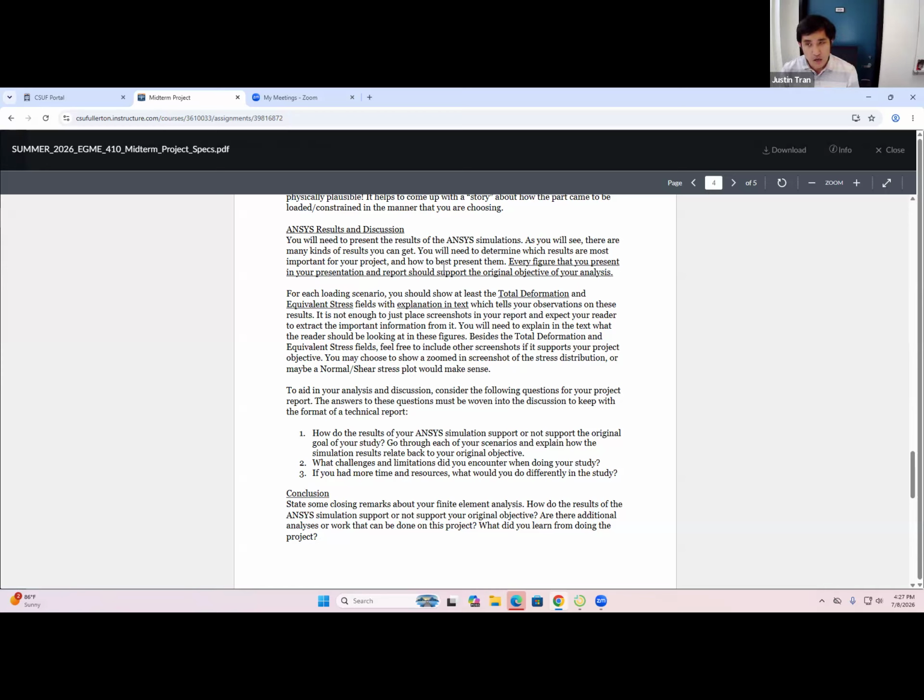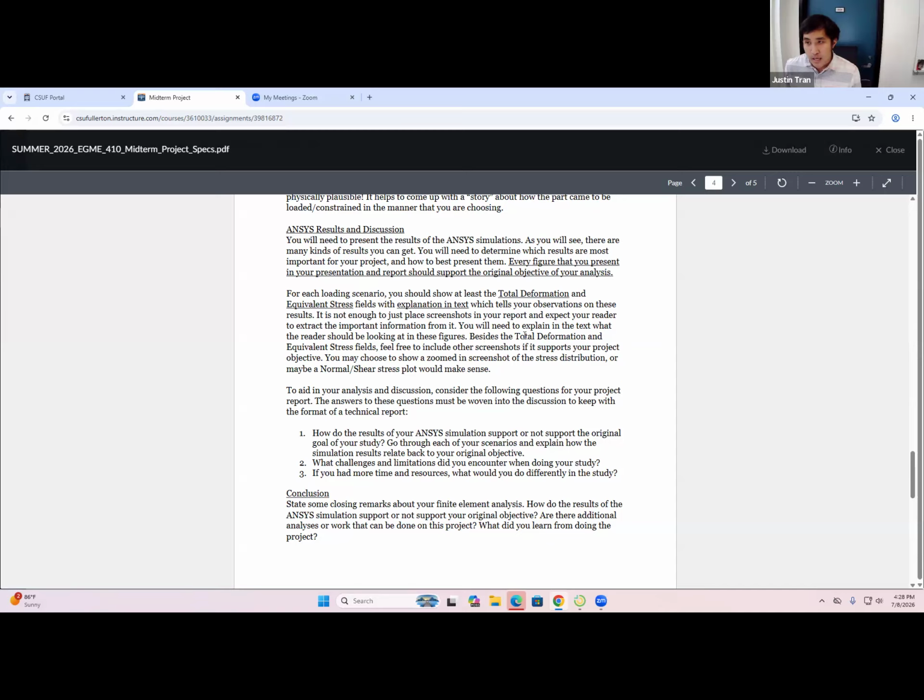One way to explain that is to show the plot of the equivalent stress, and then explain in the text that from the results of the equivalent stress, we found that the maximum stress in the crank was X, it occurs at location Y, and therefore, based on these results, we can conclude that the bike crank will or will not fail under these situations. That's a very concise way to do it, but in your report, you're going to talk about it in more detail, of course.